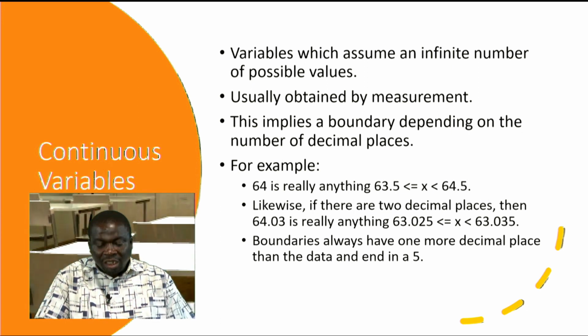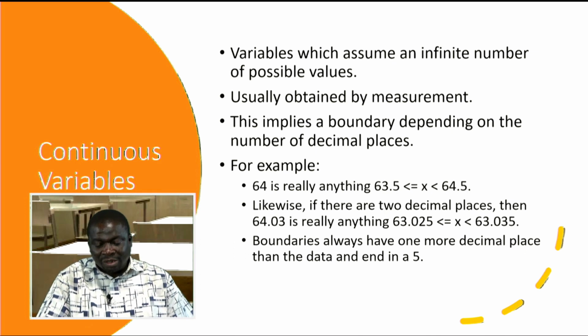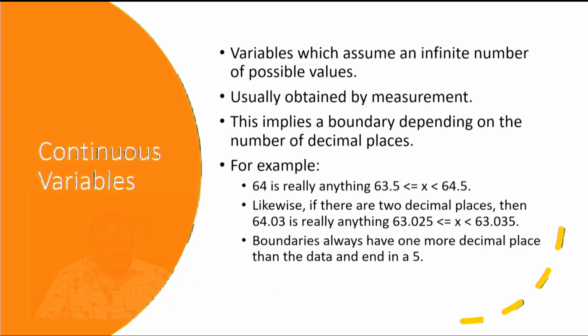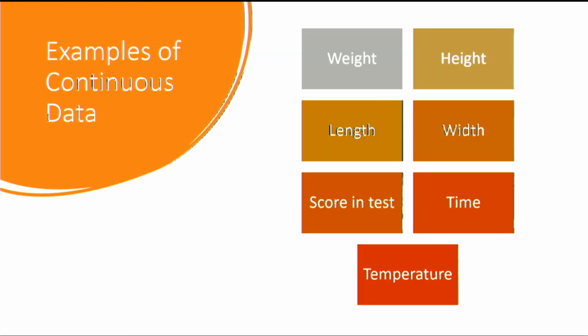Likewise, if there are two decimal places, then 64.03 is really anything between 64.025 and 64.035. Boundaries always have one more decimal place than the data and end in a 5.